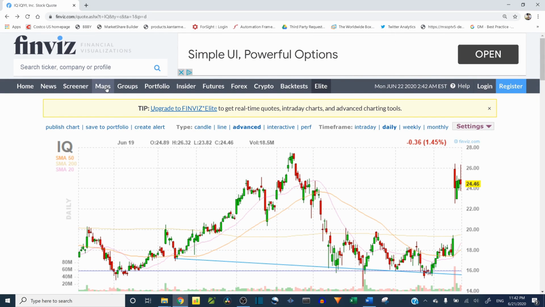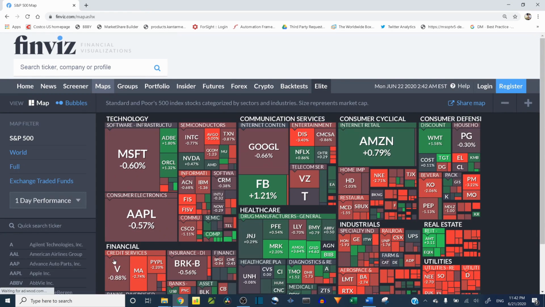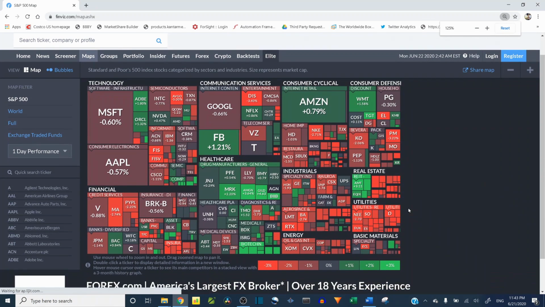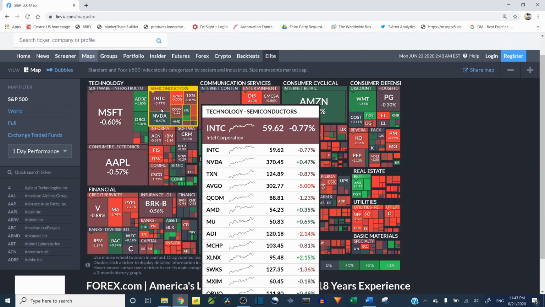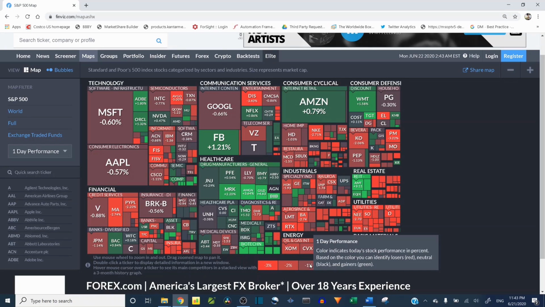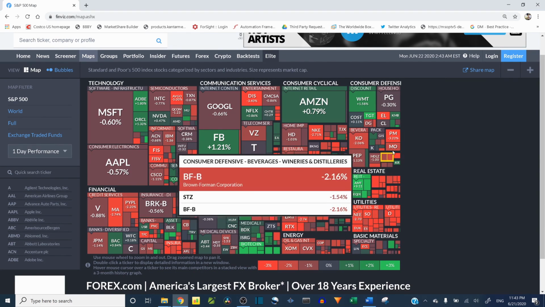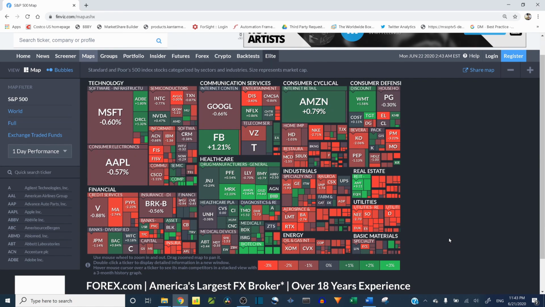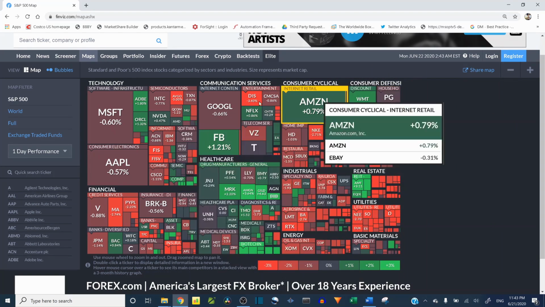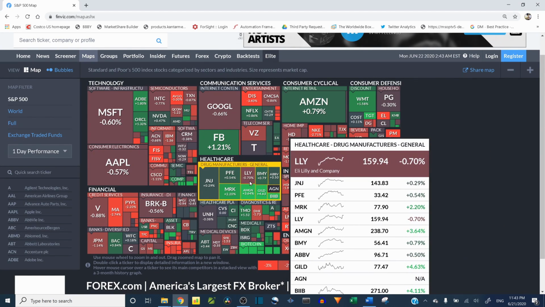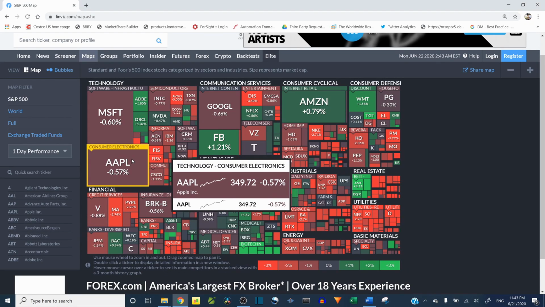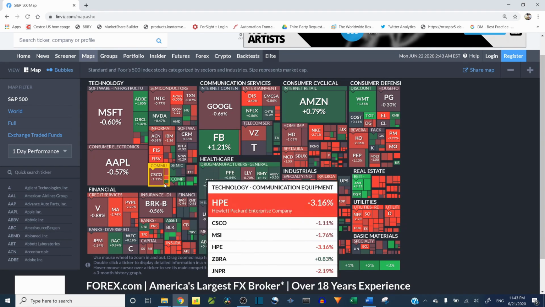Okay, so if you click on maps, you get this great heat map. Let me actually zoom out a little bit. So this gives you 1 day performance. Obviously, today is Sunday. The stock market is not open on Sundays, but you have Friday's data in here. If you take a look, there's some greens and some reds, but you could see right away that healthcare outperformed consumer electronics, which is awesome.